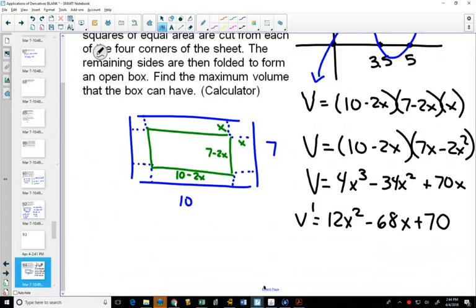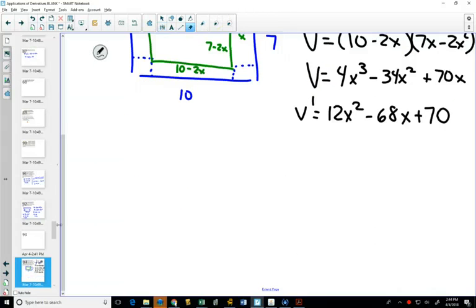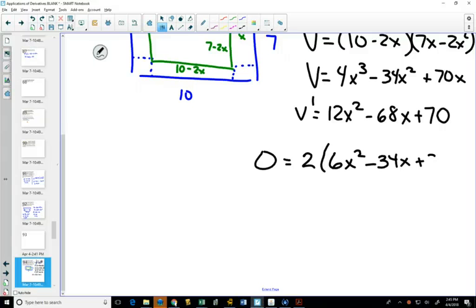So before we needed a graphing calculator. We're going to see if now we can solve this without a graphing calculator. Well, if I set this equal to 0, I can factor out a 2. And now we have a very wonderful thing to try and factor.